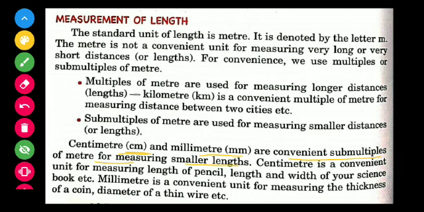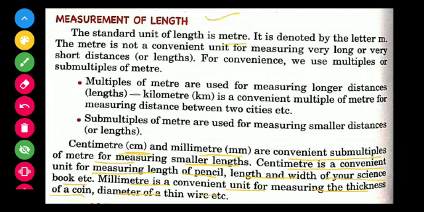For example, you want to measure the length of a pencil. Centimeter is a convenient unit for measuring the length of a pencil, and the length and width of your science book. Millimeter is a convenient unit for measuring the thickness of a coin or the diameter of a thin wire. Clear? So in this slide we studied the measurement of length.